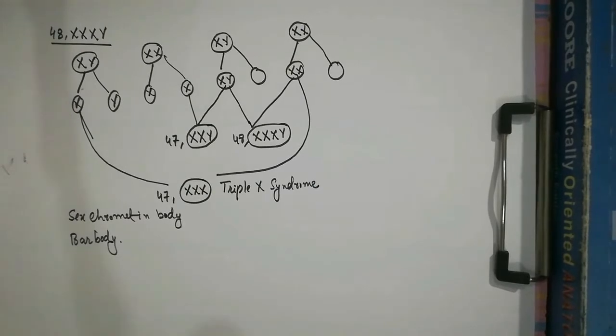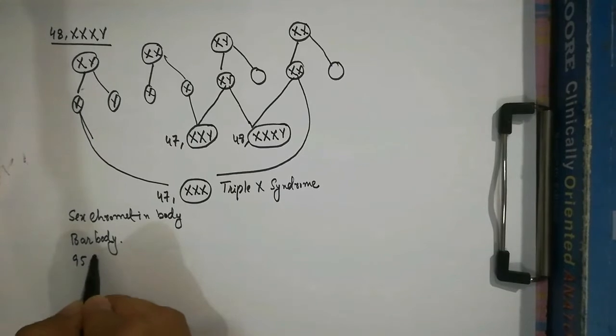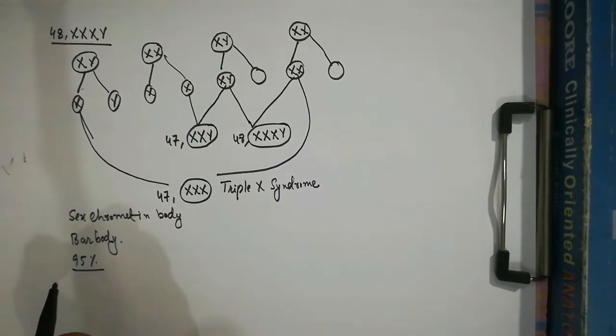Trisomy 21 is the most common numerical chromosomal abnormality and it accounts for 95% of cases of Down syndrome. It results from non-disjunction during meiosis 1 in oocytes of mothers who are more than 35 years of age.